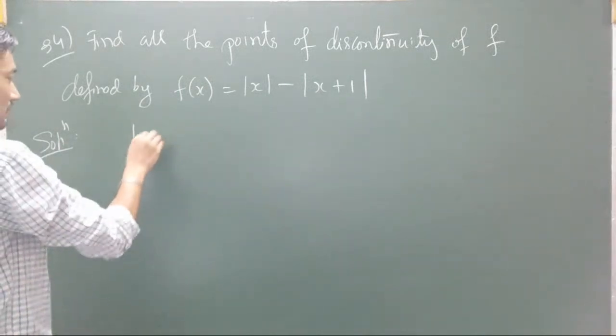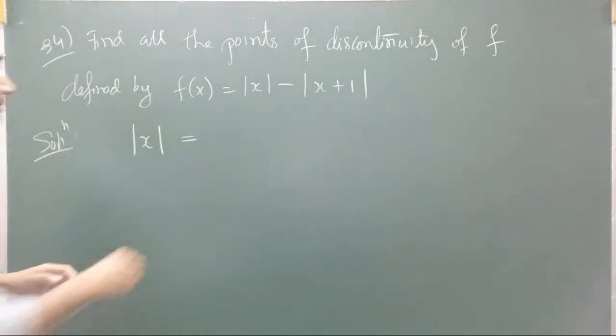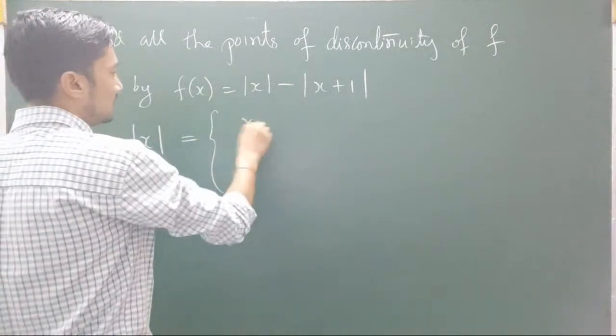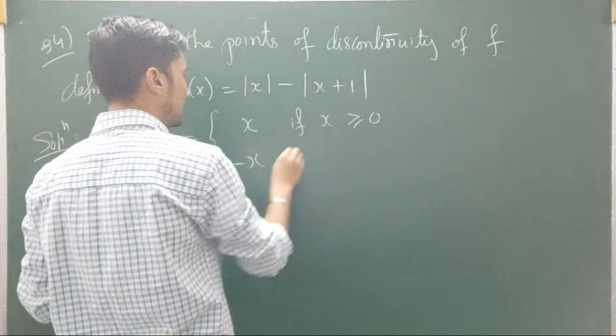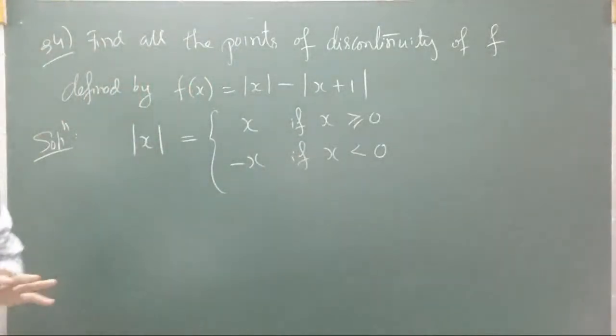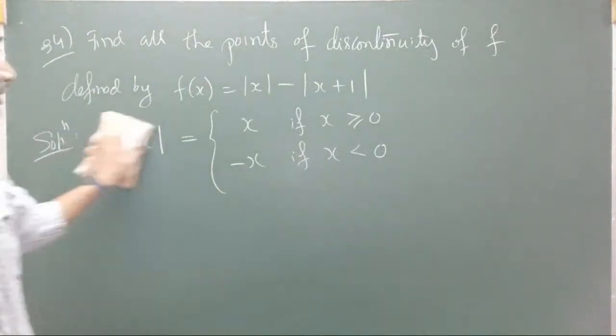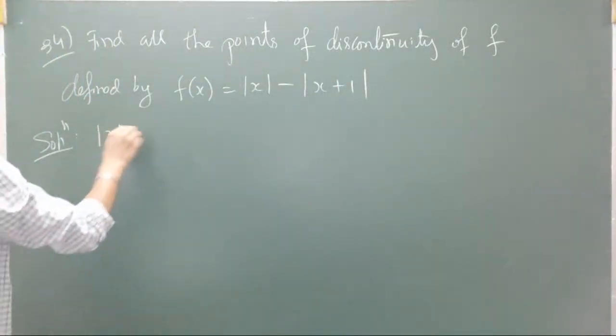Now you see the modulus function, this function. Let's break it apart. Modulus function, mod x. Mod x is x if x is greater than or equal to 0, minus x if x is less than 0. Of course, you have to know the modulus functions. Otherwise, there is no other option.